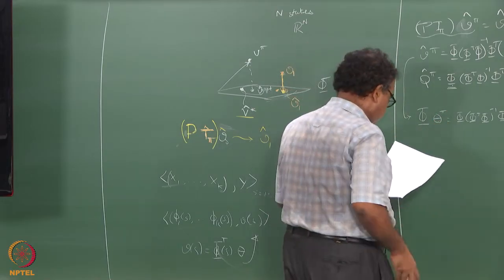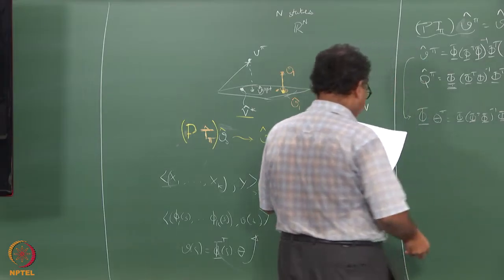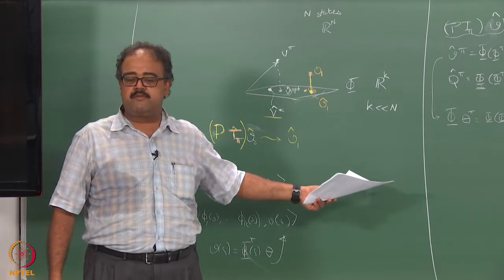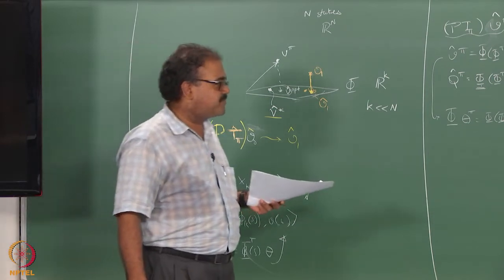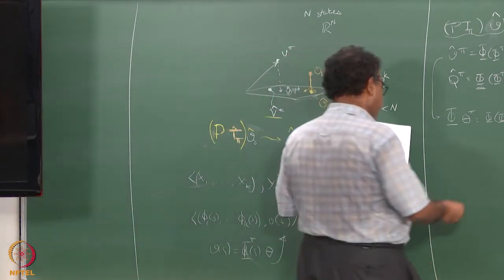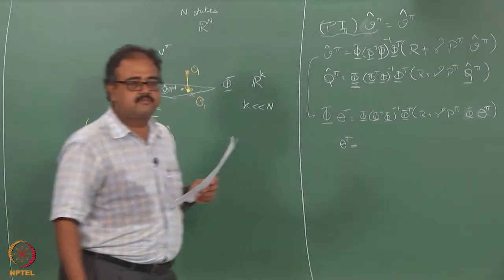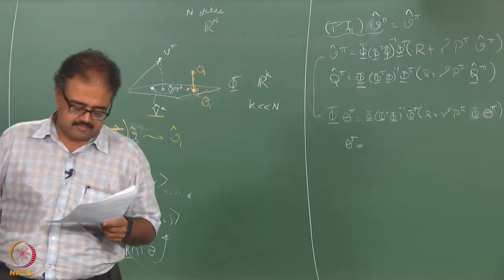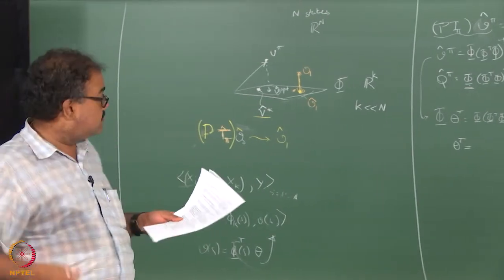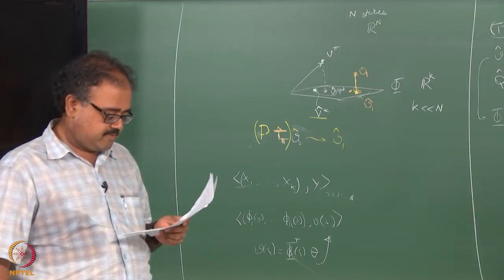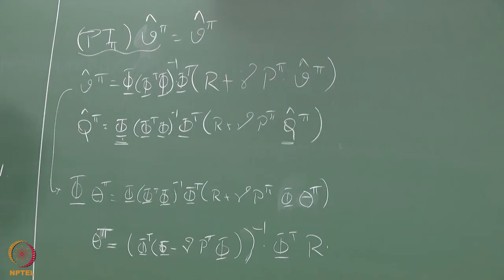Now do you want me to do the algebra, or do you want to do it and tell me what theta pi would be? I can take it to that side, do some simplification, and so on. Okay, people are convinced.